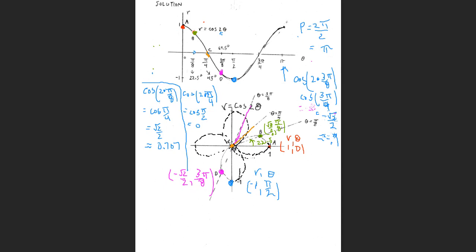I can tell you, class, that when I was taking calculus and learned polar graphs, this is how we had to graph our polar curves, because we didn't have any technology to help us.